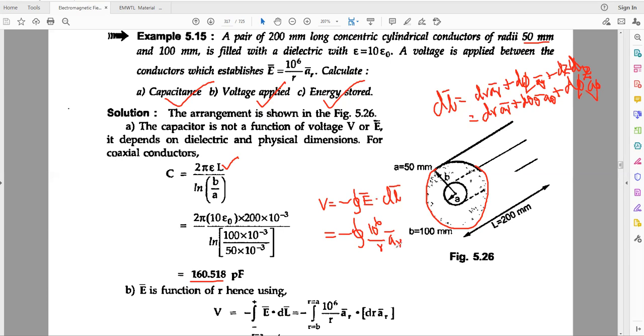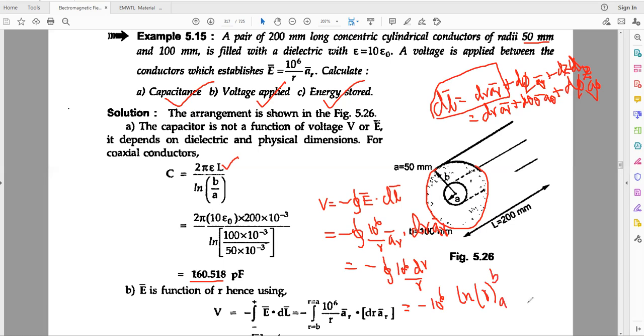Here, the given E bar is in the a_r direction only, so you can take dL as dr a_r bar. a_r bar dot a_r bar is equal to 1, so we have minus the integral of 10 to the power 6 dr by r. 10 to the power 6 is a constant, and the integral of 1 by r dr is ln of r. The radius limits are a to b.